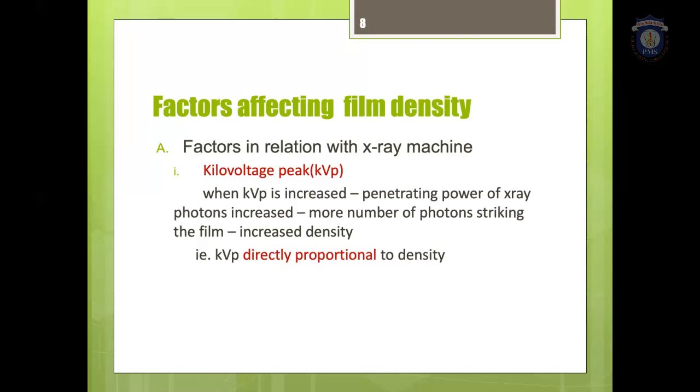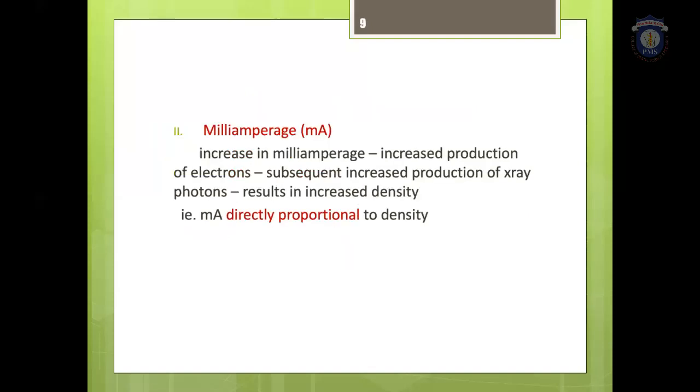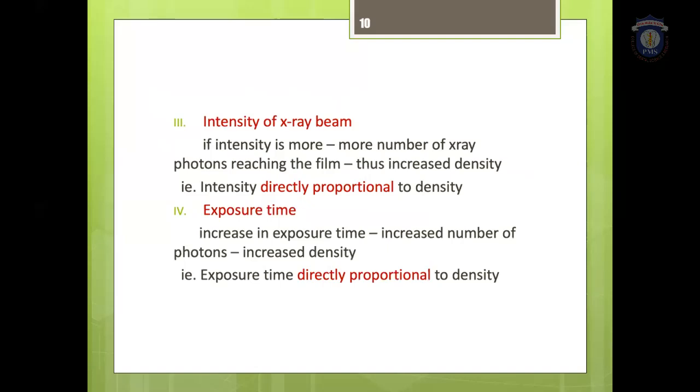That is, kVp is directly proportional to density. Second one is milliamperage. Increase in mA increases the production of electrons and subsequently the production of X-ray photons, resulting in increased density. mA is also directly proportional to the density.